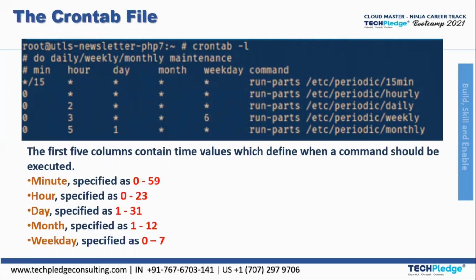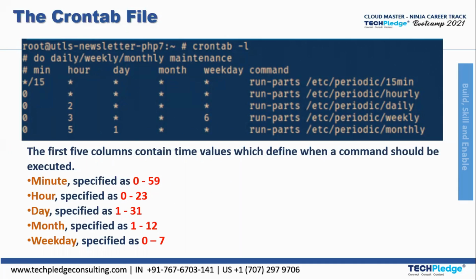With crontab -l, you can list it. So okay, this is running the run-parts command for /etc/periodic 15-minute, hourly, daily. So you have given maintenance to do daily, weekly, monthly. This is how the first 5 columns contain time values which define when a command should be executed.